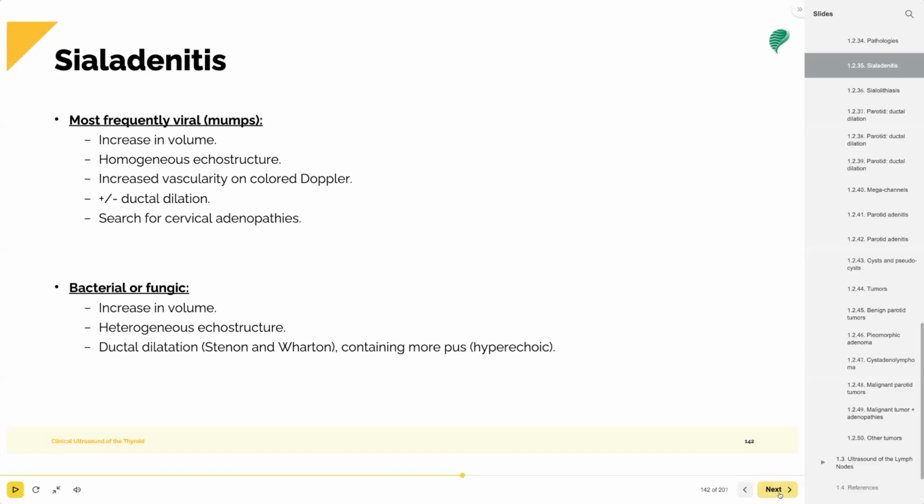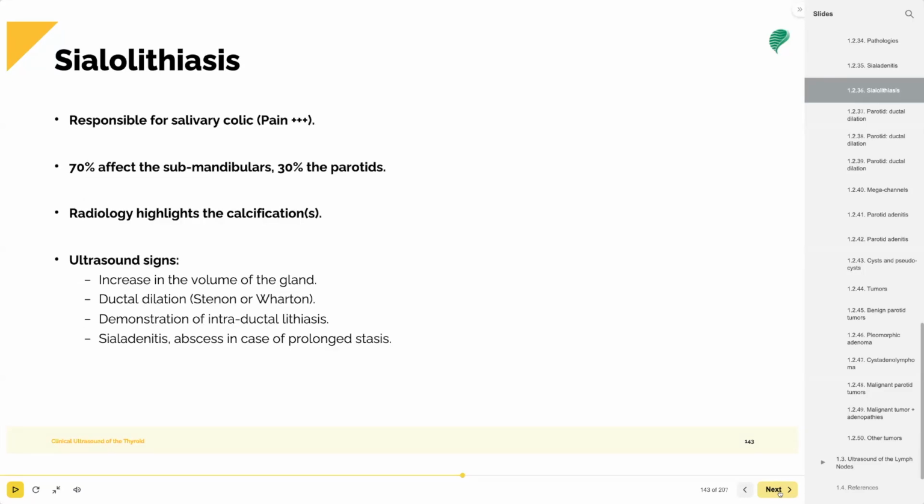If it is a bacterial or fungal type of involvement, there would also be an increased volume and a heterogeneous echo structure with dilation as well. This is responsible for salivary colic pain. 70% affects the submandibulars, 30% the parotids.